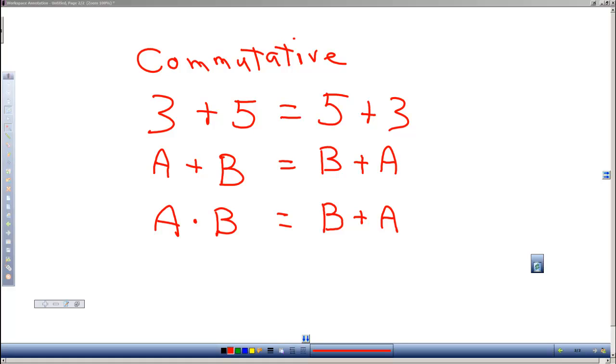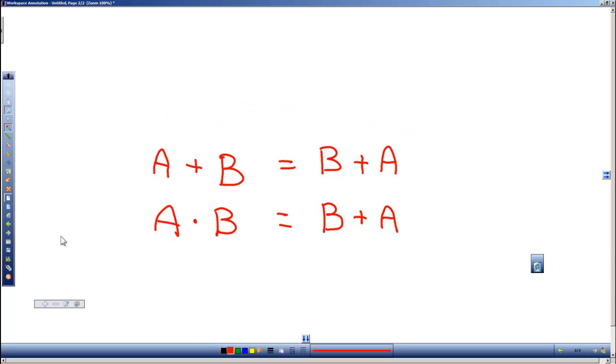So with it, if we were to look at a truth table, and we had A, B, and we had, let's just do it with the OR, A or B, and you could verify this with A and B on your own.